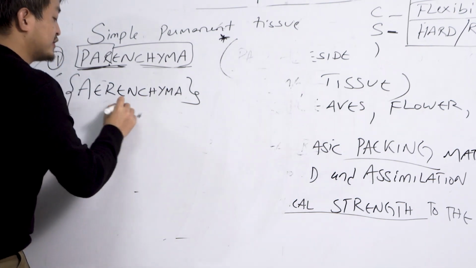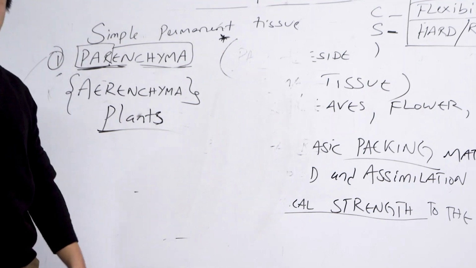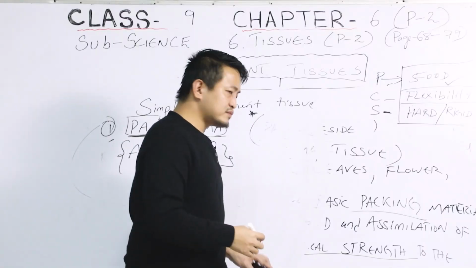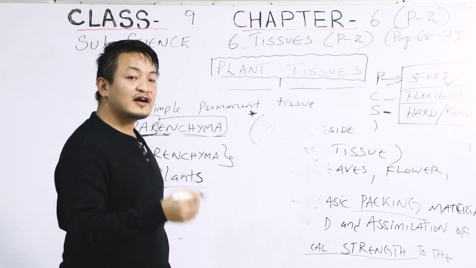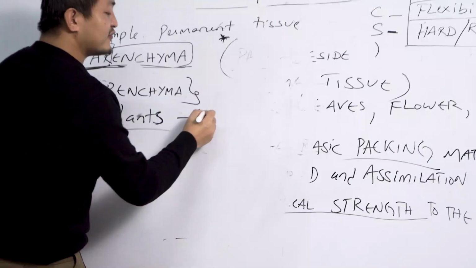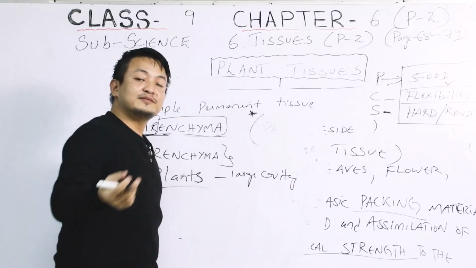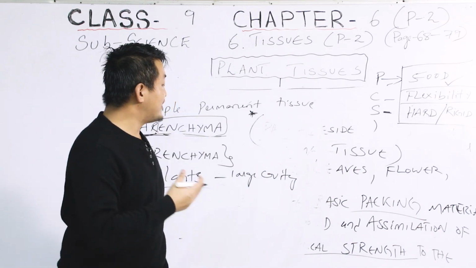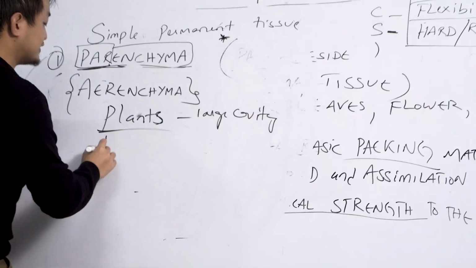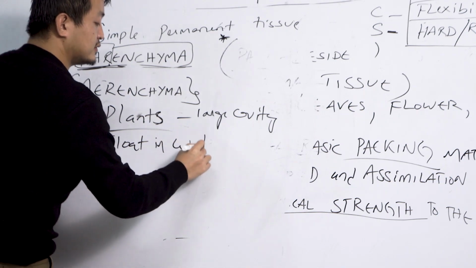This is for the plants that are under the water. Under the water, they have a large cavity. Now imagine any plant inside the water, they have a large cavity. And that helps them to float in water.